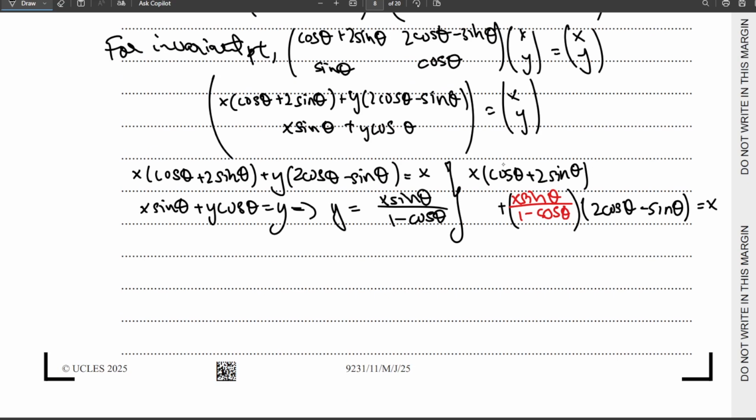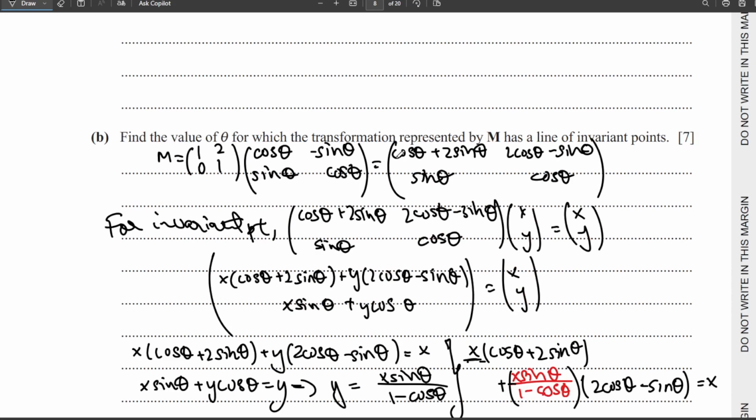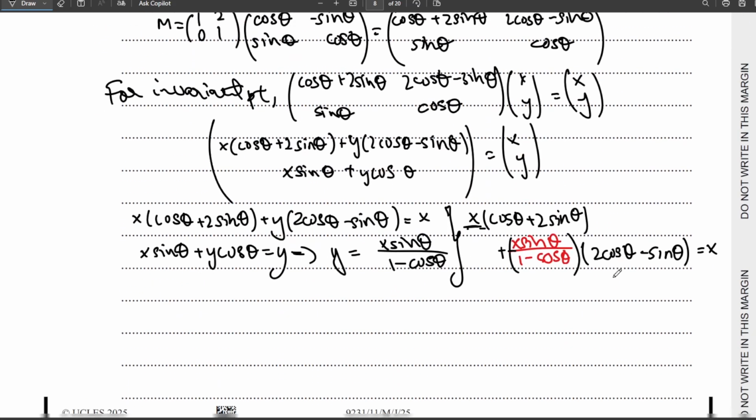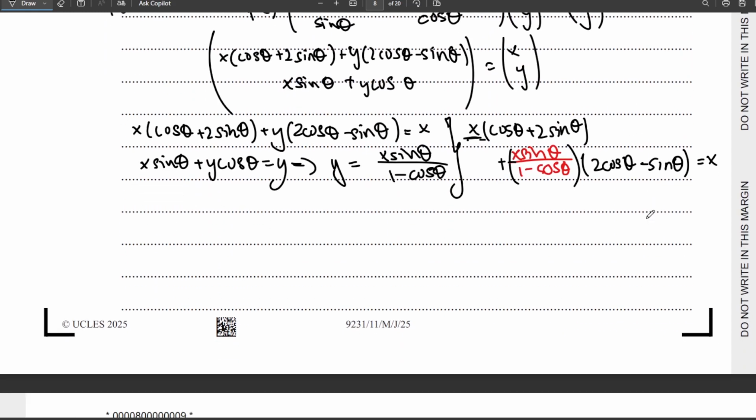Since x exists in each of the terms, here got x, here got x, and on the right hand side also have x. One of the solutions is x equals 0, but that doesn't give us any answer for theta. So we cancel out both sides and ignore the case where x equals 0. We simplify and get rid of this denominator.